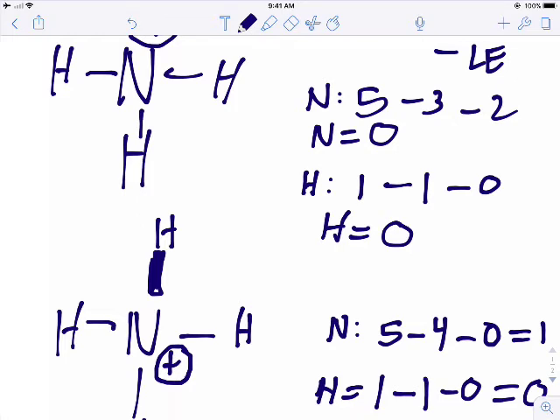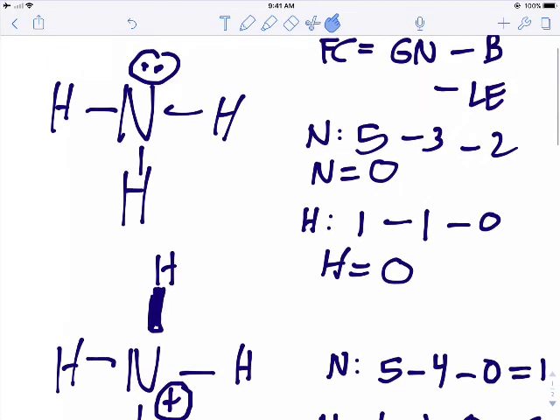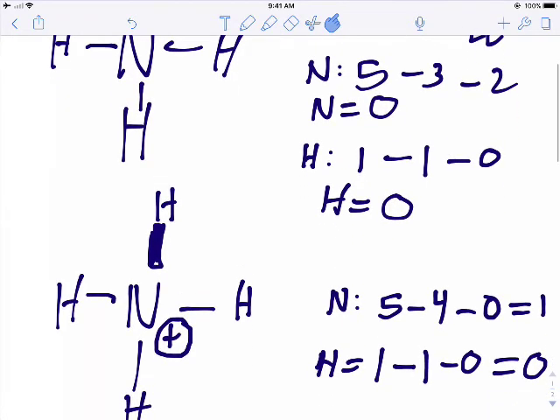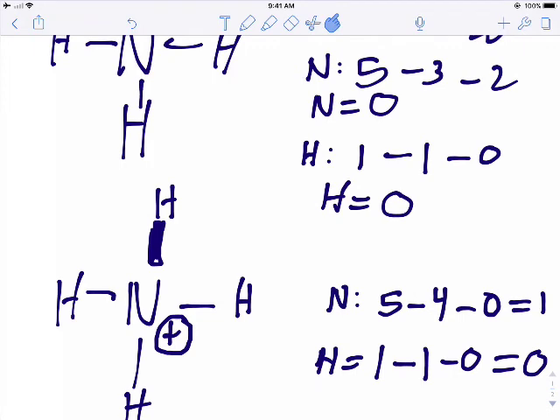And that difference, between sharing 2 and hogging 2 all to itself, causes it to effectively have 1 less electron all to itself. And so even though in both cases nitrogen's got 8 electrons, it's got 8 in ammonia, 3 bonds, so 6 electrons from the bonds plus the lone pair, and 8 in ammonium from 4 bonds with 2 electrons each. Both cases have 8 electrons around nitrogen. It's the arrangement of those electrons that's different. And that is where formal charge comes from.